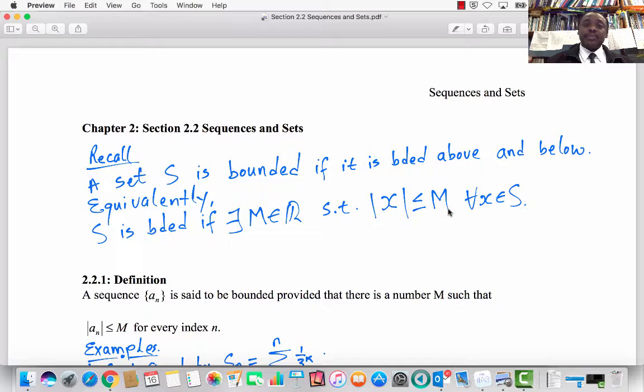So negative m is a lower bound and m is an upper bound. It's bounded above, bounded below, so the set is said to be bounded.